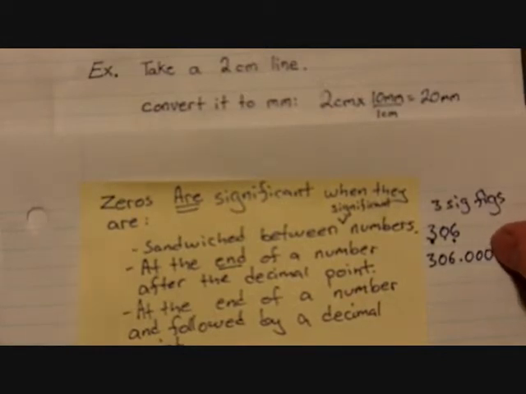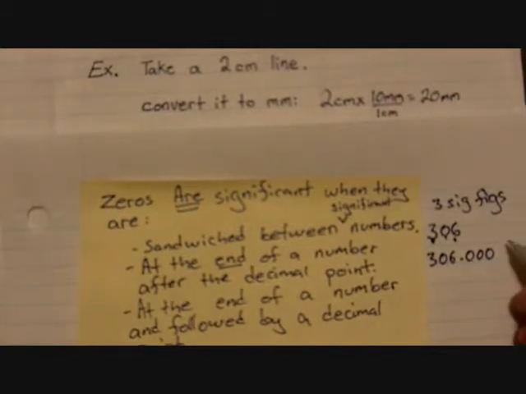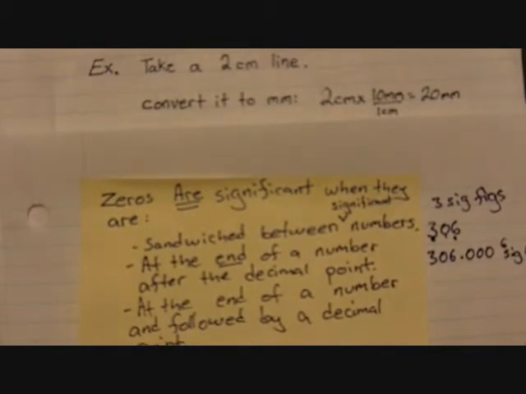The only reason we put them there is to indicate more precision. So if they're at the end of a number, they're significant if they're after the decimal place. So this number would have 1, 2, 3, 4, 5, 6 significant figures. And it would be indicated by this that we were guessing in this last decimal place.